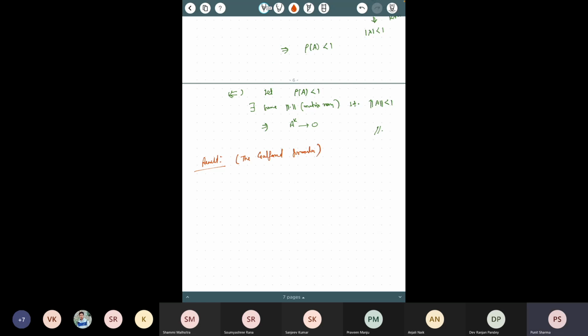So what it says is that if we have a matrix norm, any matrix norm, then you can actually show that for any matrix A, the spectral radius is equal to the limit as k tends to infinity of this.